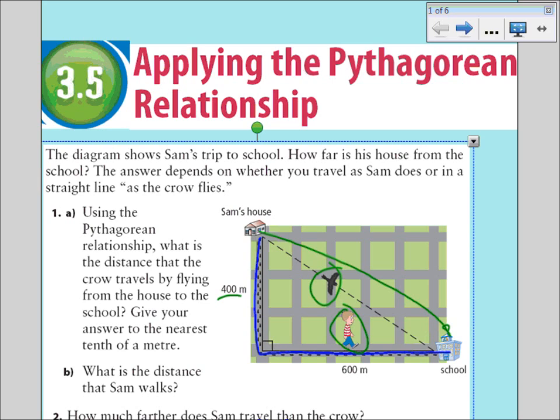We know that it's 400 meters for Sam and 600 meters for this leg and this leg of his journey.